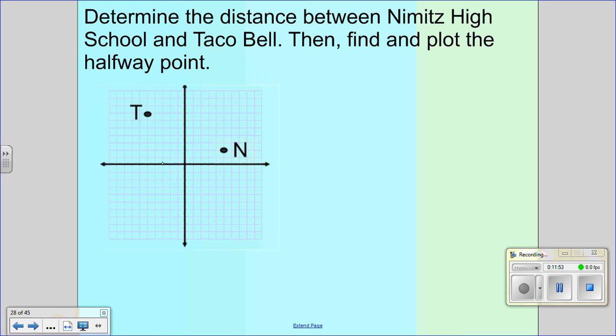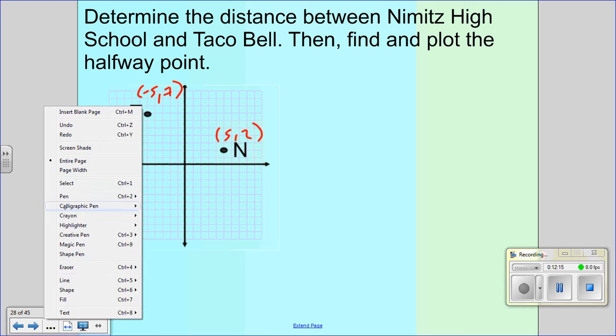Oh, I'm sorry. 1, 2, 3, 4, 5, 6, 7. So it's negative 5, 7 is the coordinate. And for N, it's over 1, 2, 3, 4, 5, up 2. So positive 5, positive 2. Again, we're finding the distance between T and N.